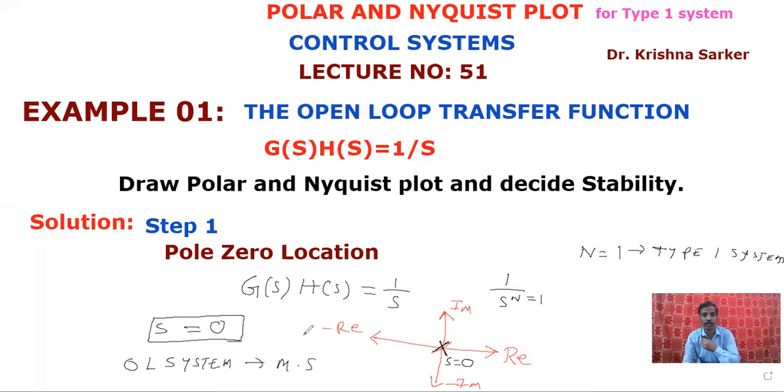This is marginally stable because 1 by s is actually a step function, and by definition the pole is at the origin. So first step, pole 0 location: just one pole, and it is at the origin. That's why the open loop system is marginally stable. Then step number 2.